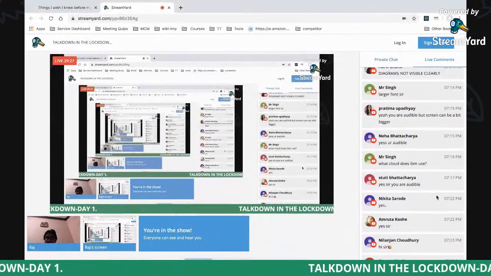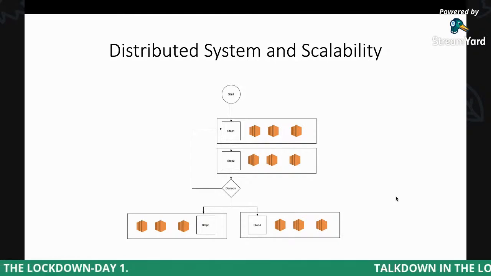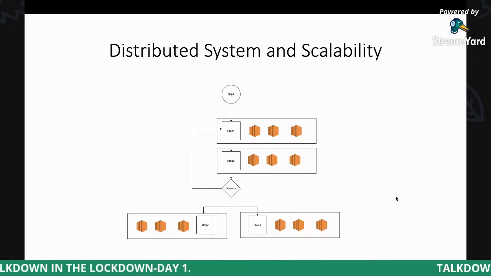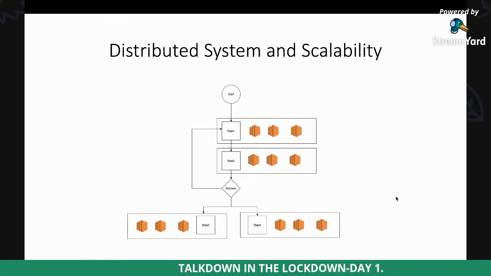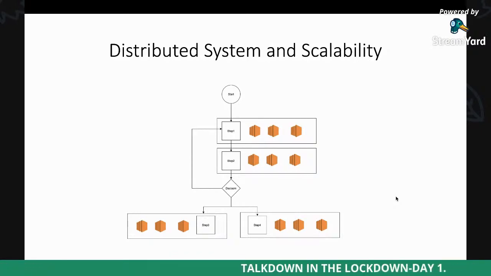Now we'll discuss the most important thing about distributed systems, that is scalability. We all know why we do all this fancy stuff. We could have written everything in procedural code, but we have to make this system scalable, and not only scalable, we have to make it flexible also.